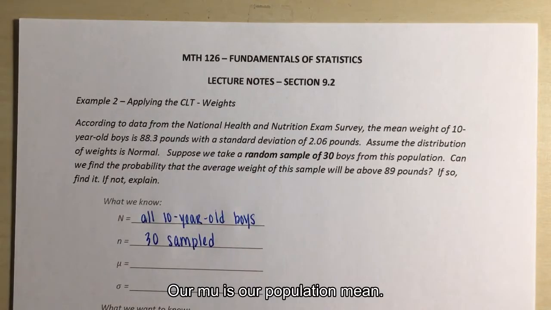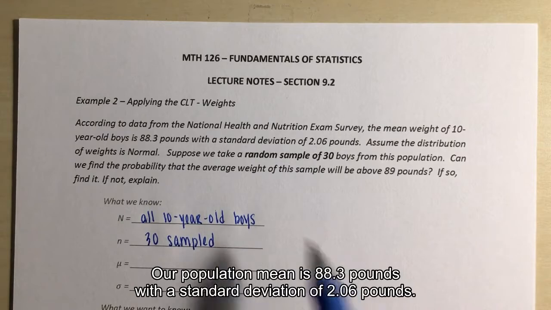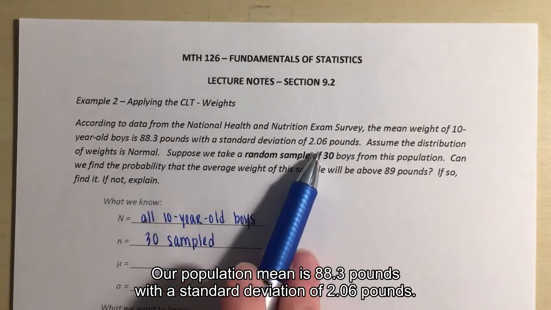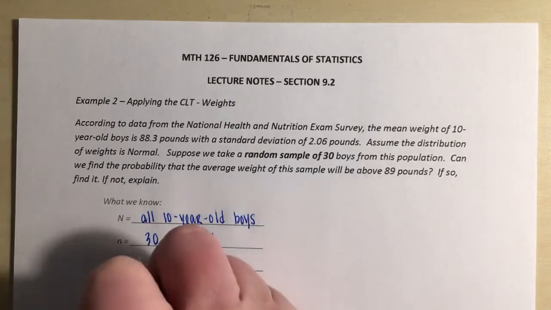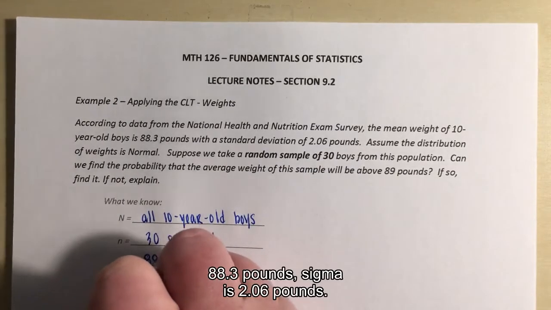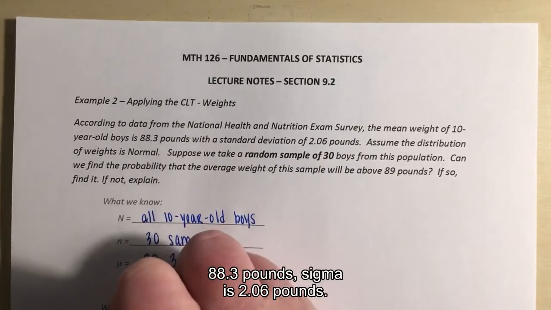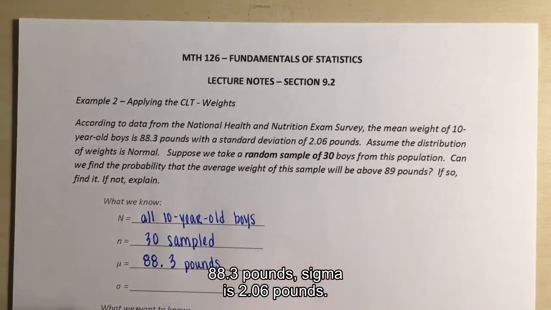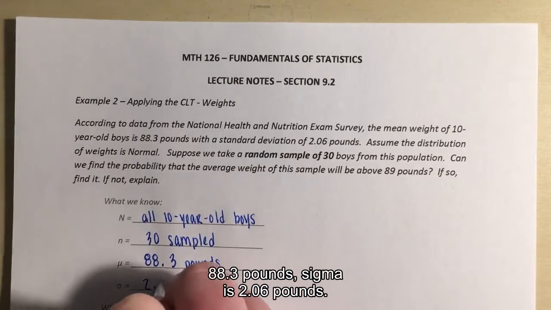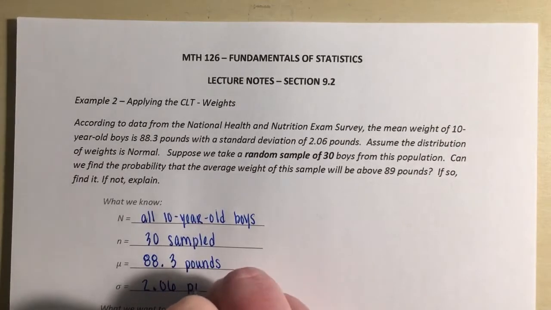Our mu is our population mean. Our population mean is 88.3 pounds with a standard deviation of 2.06 pounds. That's going to be our sigma. So mu is 88.3 pounds. Sigma is 2.06 pounds.